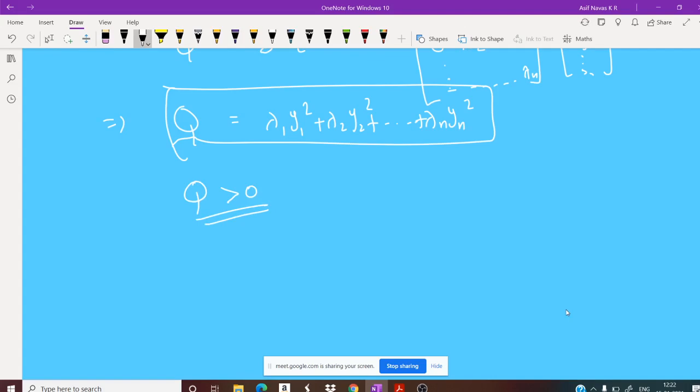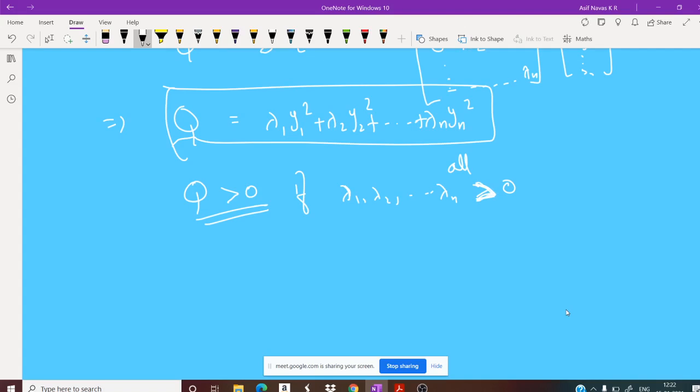The y1 square, y2 square, etc., yn square are always positive, right? When is Q always positive? If lambda 1, lambda 2, etc., lambda n are all greater than 0.